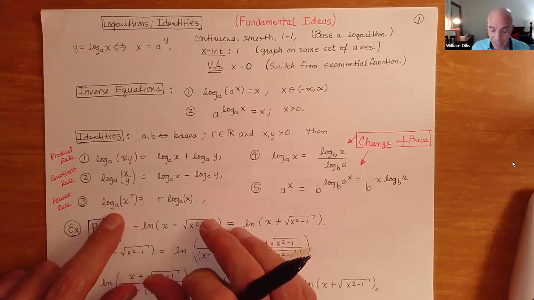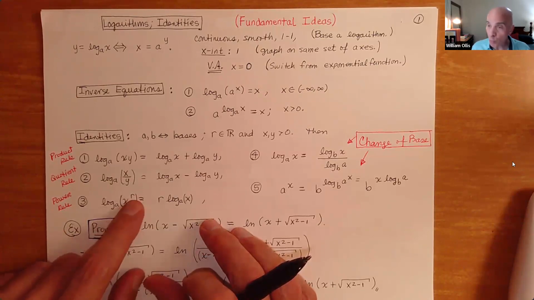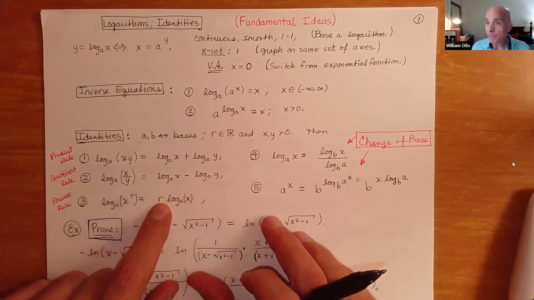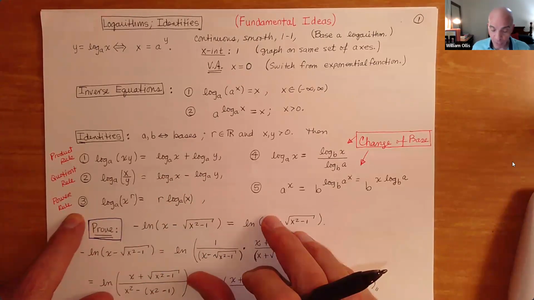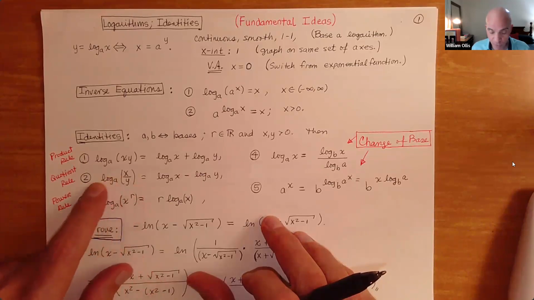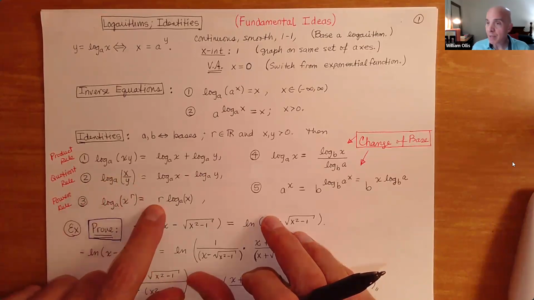But when we take the base A logarithm of x raised to a power, the power can then move to a coefficient status. That is, we now have a multiple. This is why we call this number three the power rule. It just allows the r to move into the front as a multiple of the base A logarithm.